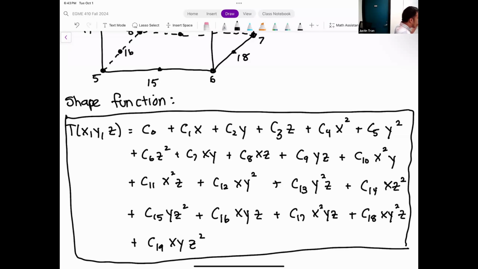If you produce a mesh with the majority of your elements being quadratic hexahedrons, you're pretty much equipped to capture any kind of solution behavior that's out there. Okay, and you're pretty well covered for any kind of derivative terms too. If you take the derivative of this, you still end up with a bunch of terms. And so for simulations that rely on derivative-based quantities like stress or strain, this is pretty much as good as you can get.